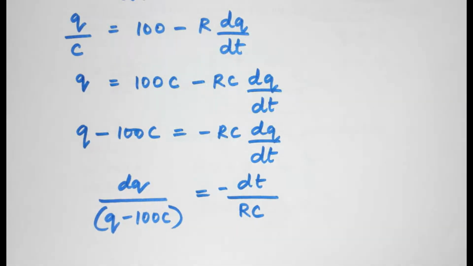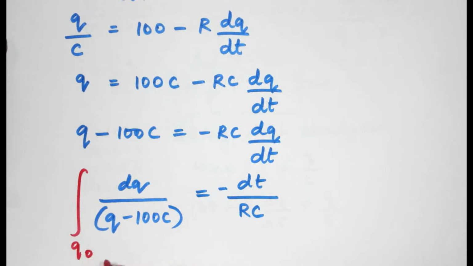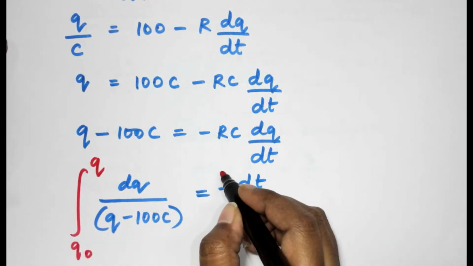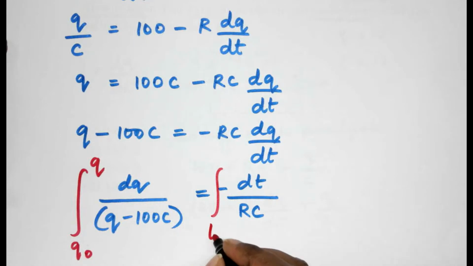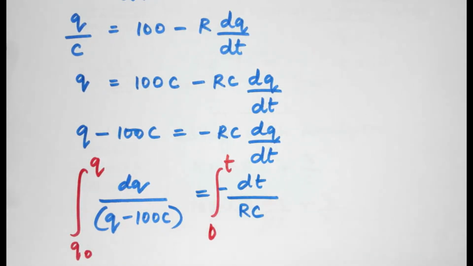On the left side we integrate from Q0 to Q, because our variable is Q, and on the right side we integrate from 0 to T, from the time the switch has closed to the time given, that is 1 second. Since we are deriving an expression for I, let's keep it as 0 to T now.